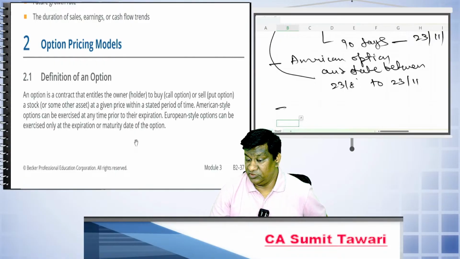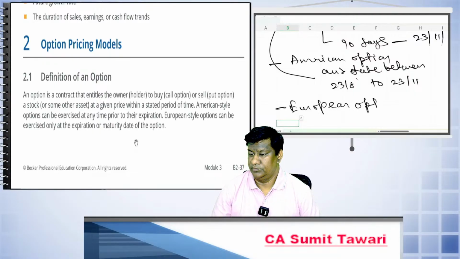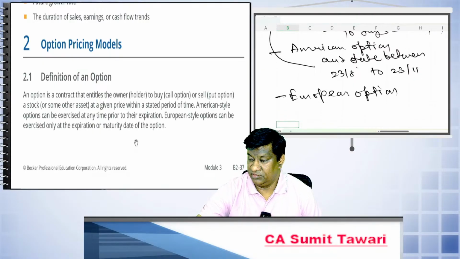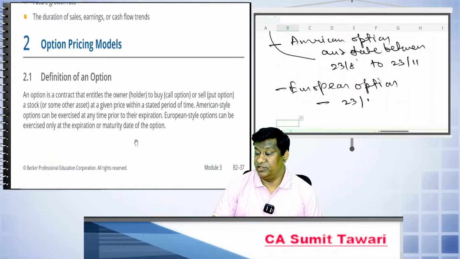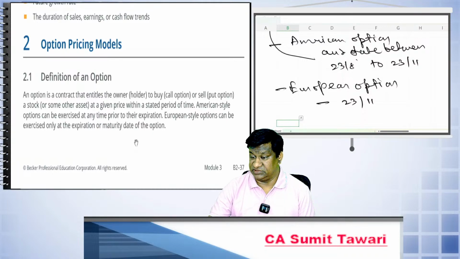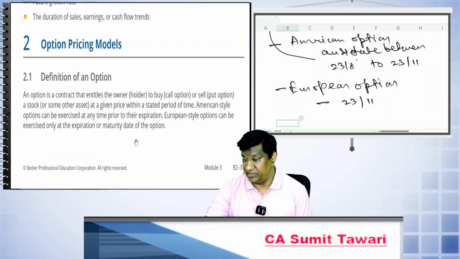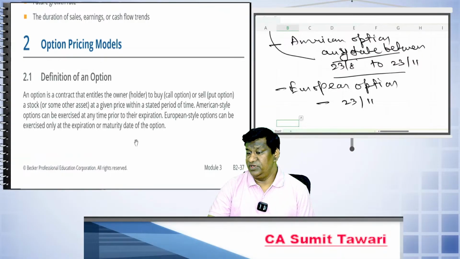Okay. As per the European option style, you can exercise only on 23rd 11. Hope I am able to explain the difference. In American option style, you can exercise the option on any date between August to November, and in European option style, you can exercise only on a due date.